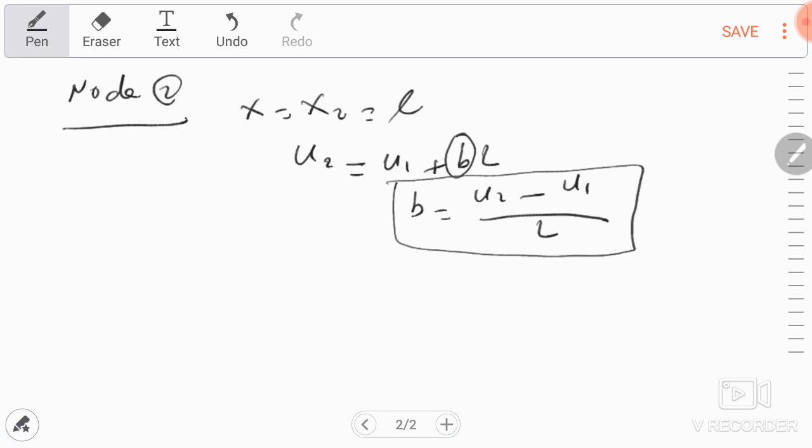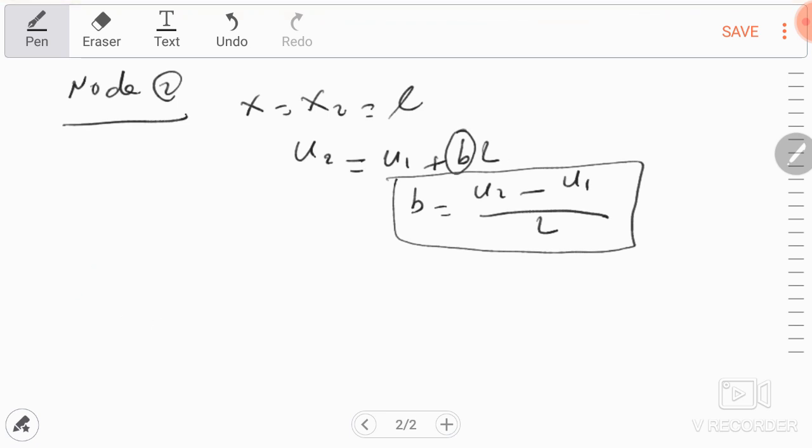Okay, then I can take the summation of the shape functions with the nodal values, that means u equal summation of Ni times ui, where n is the number of nodes, equal N1 times u1 plus N2 times u2.